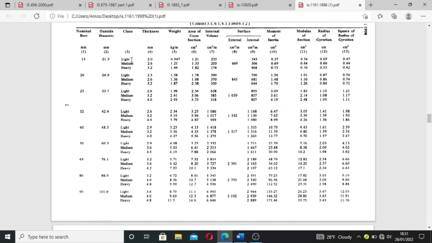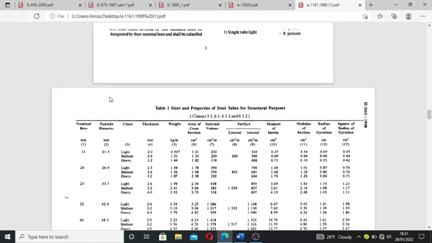According to that the thickness is mentioned here, then weight is given according to its thickness. Per meter you will see, for example, for 21.3 light, if you are going for 2 mm, then 0.947 kg per meter. Accordingly you can get the weight of the tube.